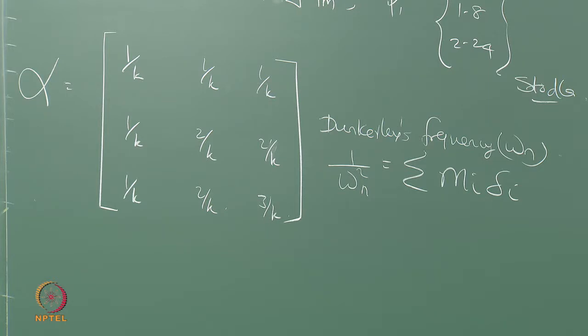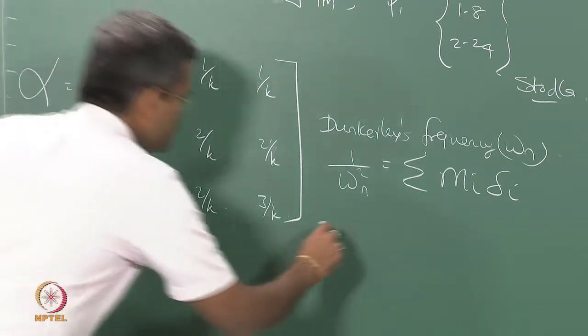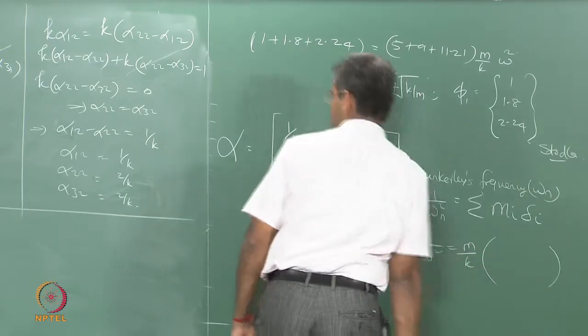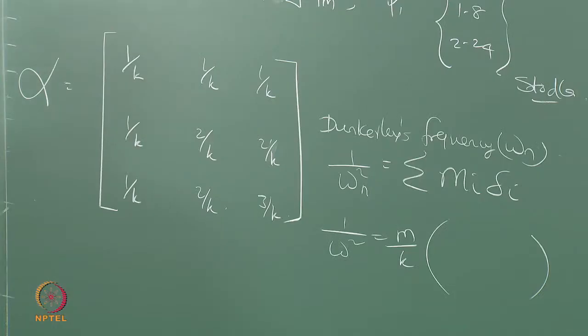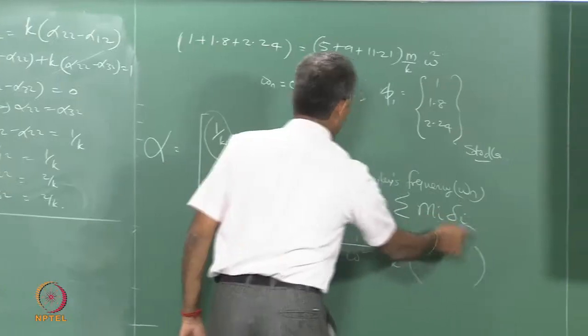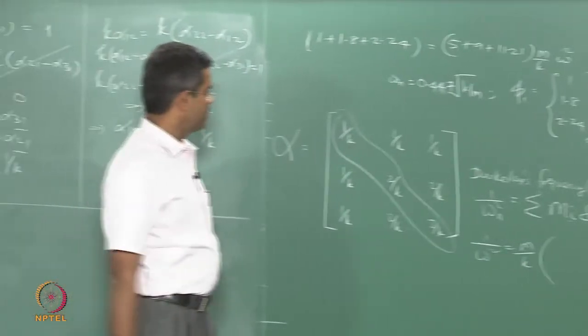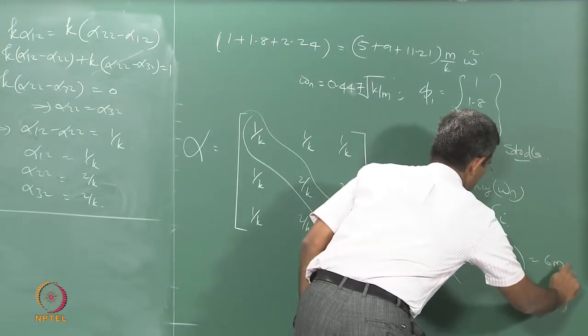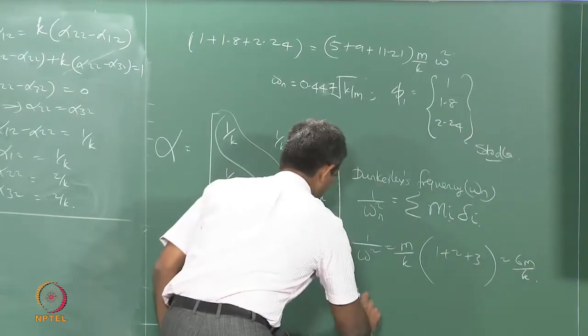So, 1 by omega square will be equal to only the leading diagonal elements. So, 1 plus 2 plus 3, which is 6 m by k. Can you find what is omega n?